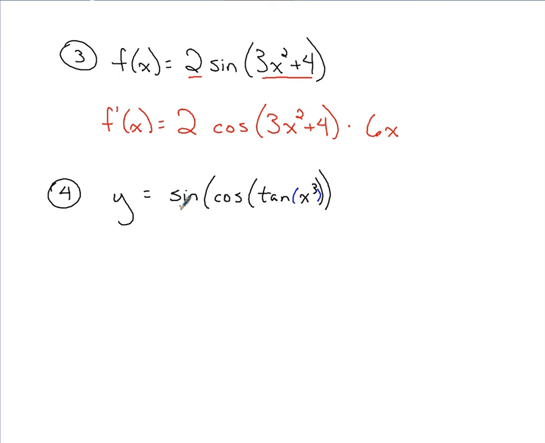What should be clear is that the outermost function we're dealing with to start, if we're going to use a chain rule, is sine. So if I take this derivative, I start with the derivative with regards to sine. That'd be cosine. I've now taken the derivative with regards to that outermost part, meaning everything that was plugged into the sine function here, that must stay the same.